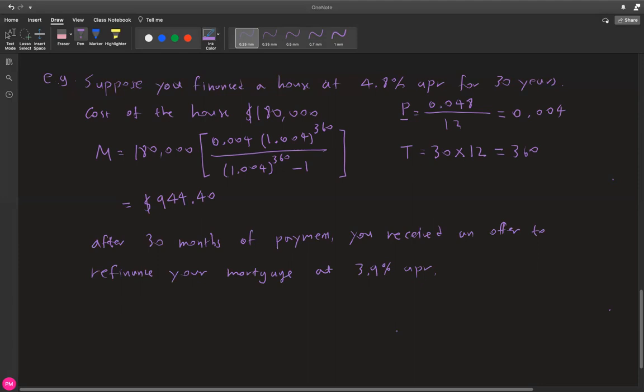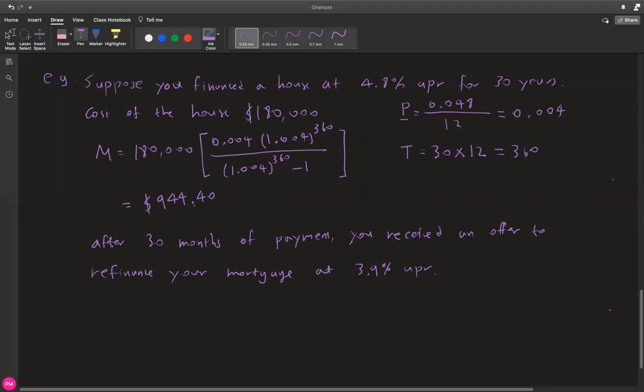So in this case, the question here is, is this a good offer? Do you take this offer or not? Obviously the APR is lower, but you should understand that this amount, the $944.40 that you're paying, already includes the interest that you owe.